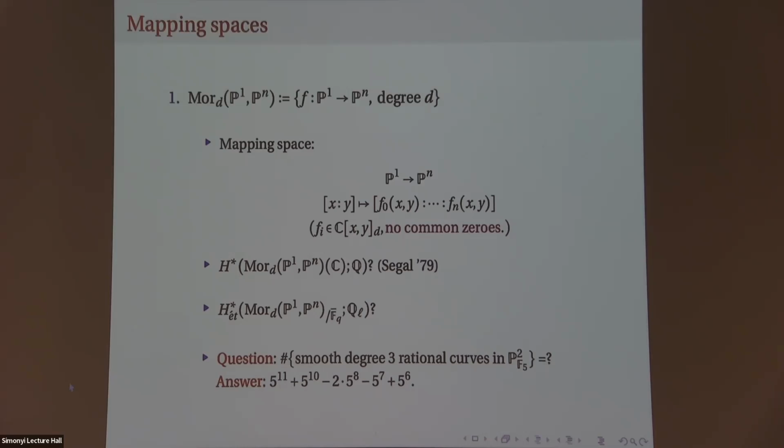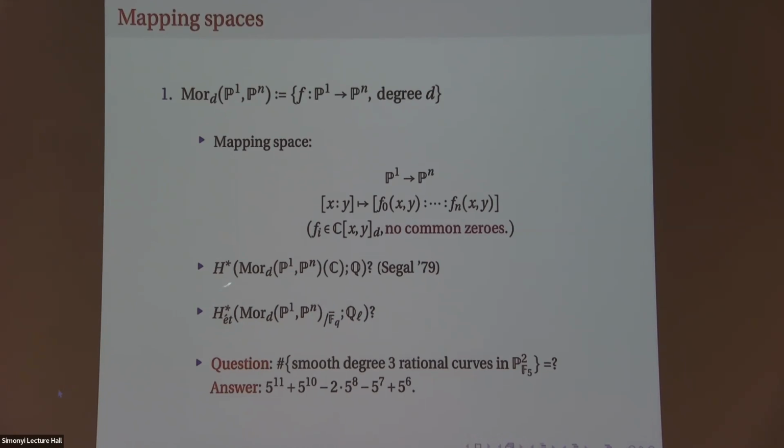But the restriction that it has to be smooth and rational makes it tricky. And thanks to the Weil conjectures, if one manages to compute this, one can use what is called a Grothendieck-Lefschetz fixed point formula to get this answer.